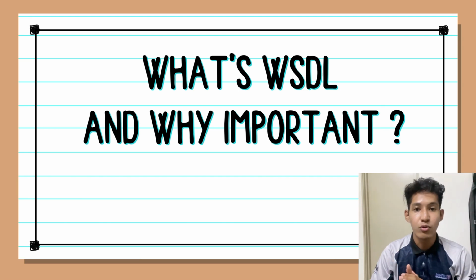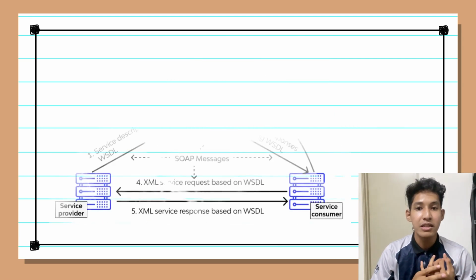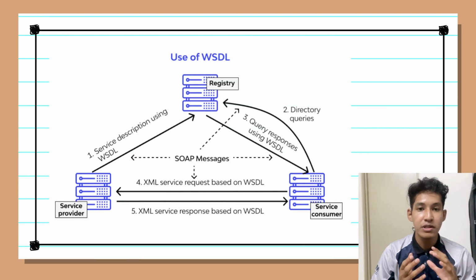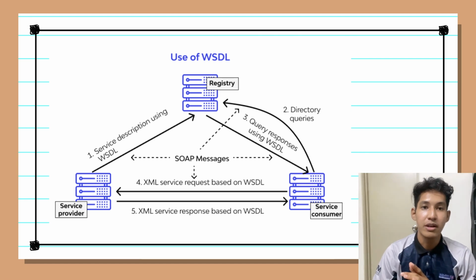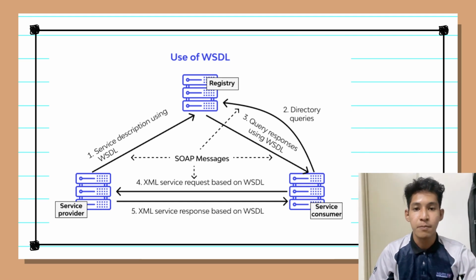First, I would like to explain what WSDL is and why it is important in web services. WSDL stands for Web Service Description Language. It is an XML-based document that acts like a formal contract between the service provider and the client application.